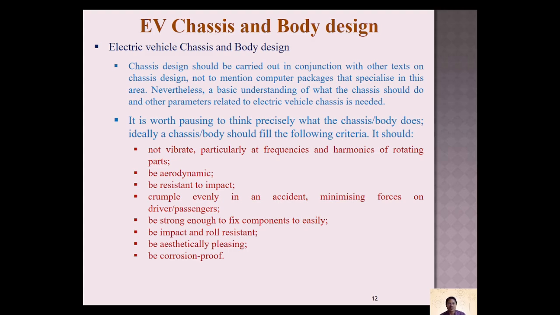Be strong enough to fix components easily. Be impact and roll resistant. Be aesthetically pleasing. Be corrosion proof. These are aimed to safeguard the passenger who travels in the vehicle. So these parameters are very important while designing the EV chassis and body.